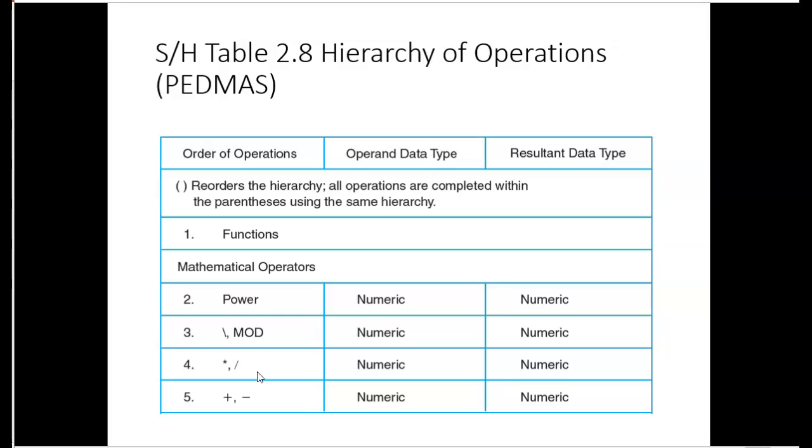If you're using PEMDAS, which is the hierarchy of operations, you're going to get one answer because it's based on that hierarchy. If you simply read it left to right, you could get a totally different answer because it's not looking at operators having a different level of precedence. Multiplication and division have to be done before addition and subtraction.